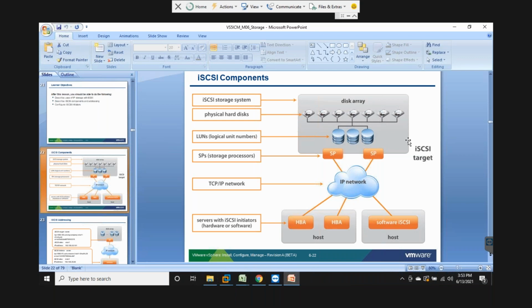The iSCSI target is on the other side, which is providing the storage. So the one which is providing the storage we call the iSCSI target, and the one which is using the storage we call the iSCSI initiator. Very simple. Don't be confused. iSCSI target, the one which is providing the storage. iSCSI initiator, the one which is utilizing the storage. Fine.